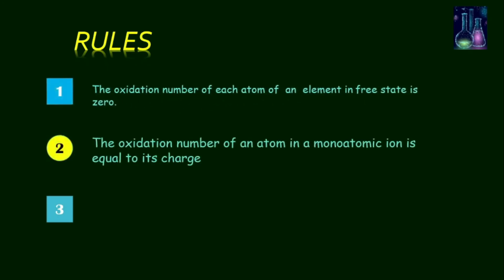Second, the oxidation number of an atom in a monoatomic ion is equal to its charge. Now, what do we mean by that? If I have sodium ion, that is Na+, or barium ion, that is Ba2+, or aluminium ion, Al3+, the charge is equal to oxidation number.